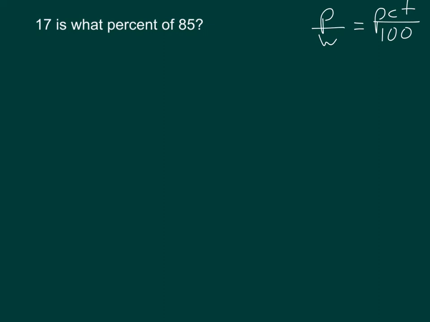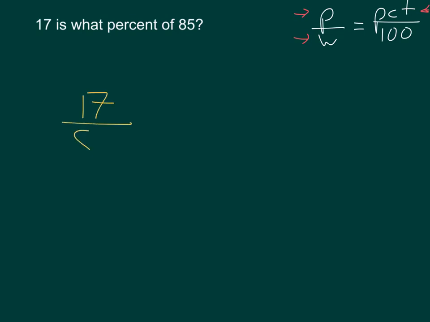There are only 3 types of problems we can do. Either we're going to try to find the part, the whole, or the percent. So you just need to figure out which one is missing and solve for that using the tools you already know. In this question it says 17 is what percent of 85? So we are going to be trying to find the percent. The part is 17.